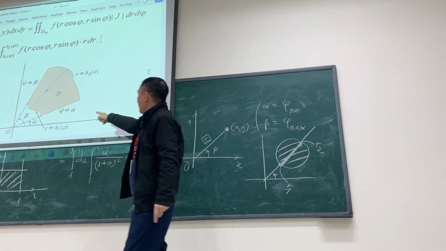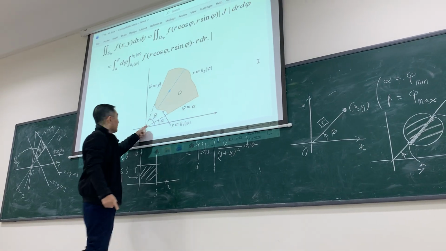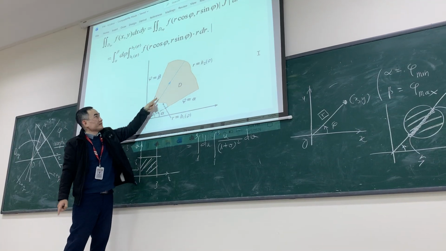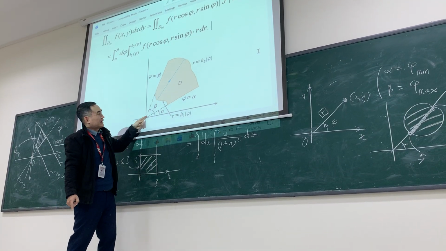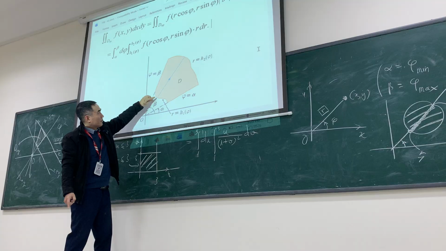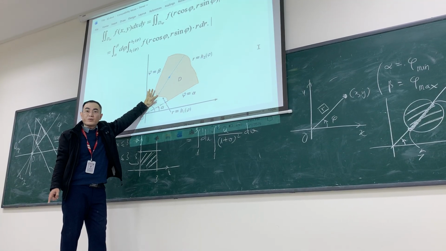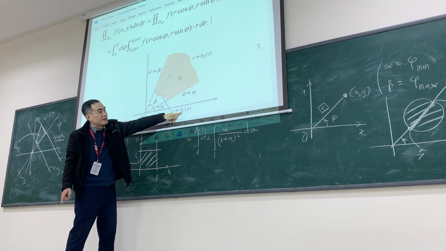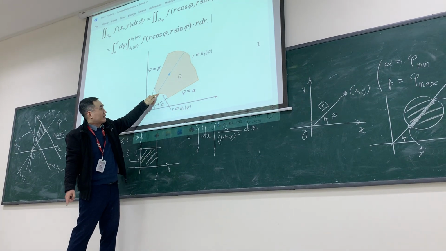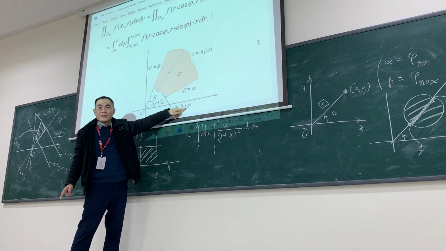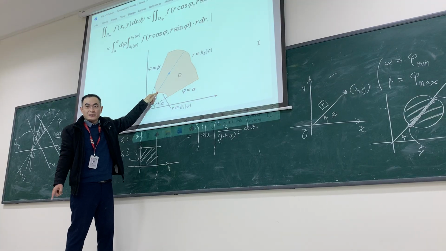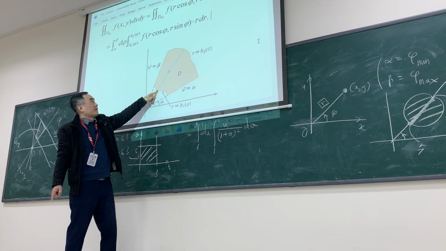Nhìn cái hình này, nếu góc phi cố định cắt thẳng ở đây, thì chỗ này là cái bé nhất của r, r bằng h1 phi. Đây là r1, và cái trên này là r2.